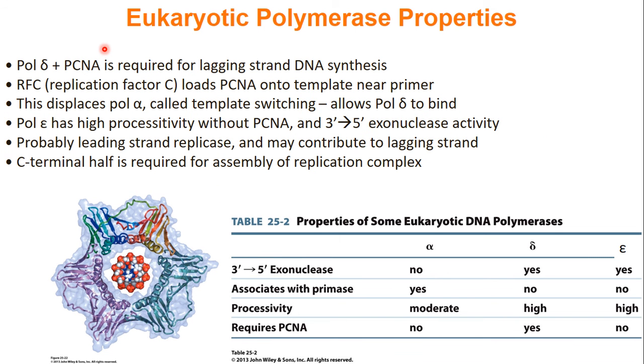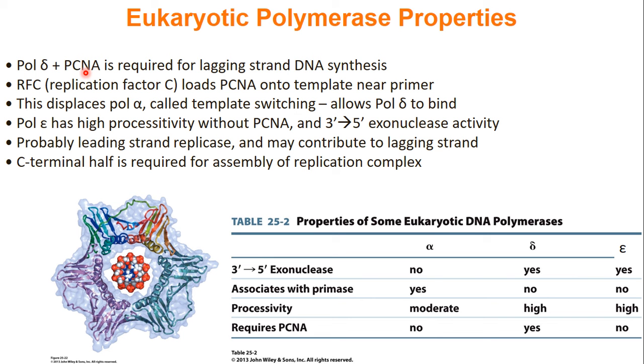It's known that Pol delta and PCNA are what's mainly going to be doing our lagging strand DNA synthesis for us. The way that this works is that replication factor C, or RFC, is going to take PCNA and load it onto the template near the primer.